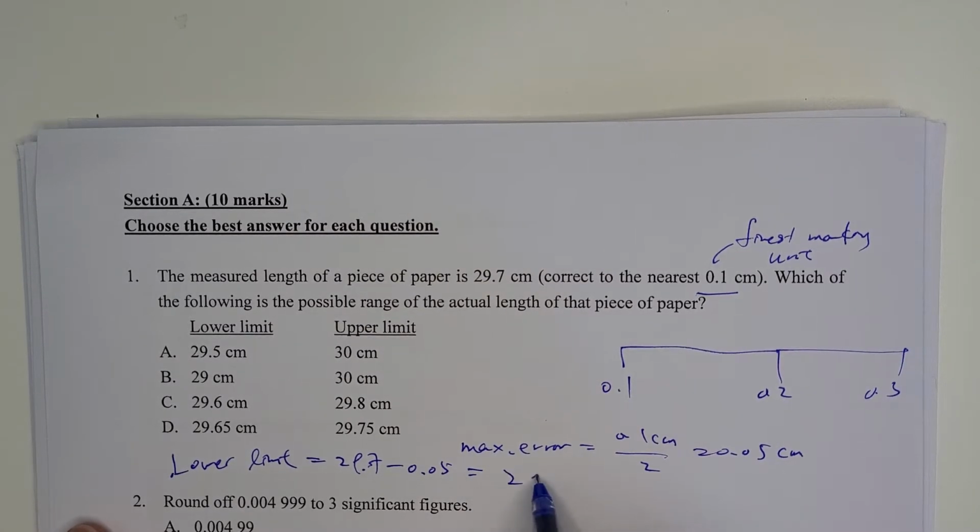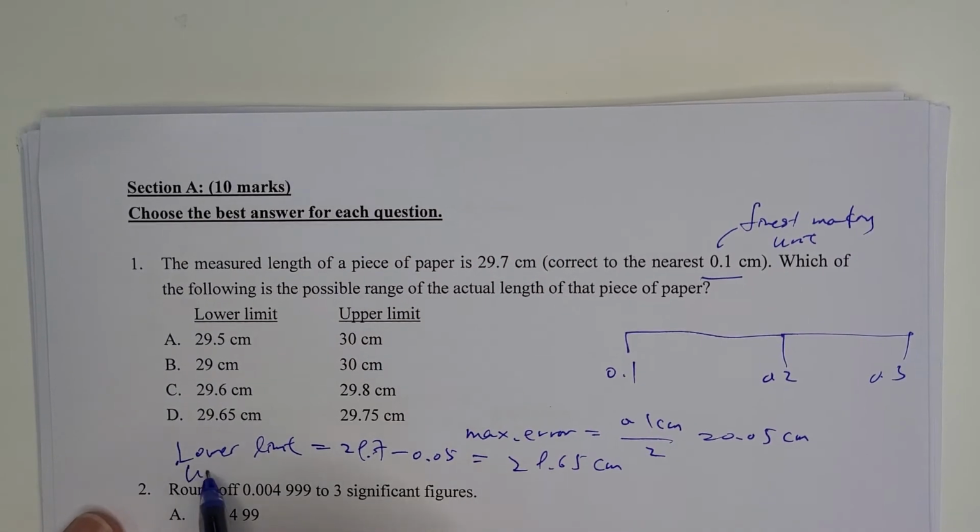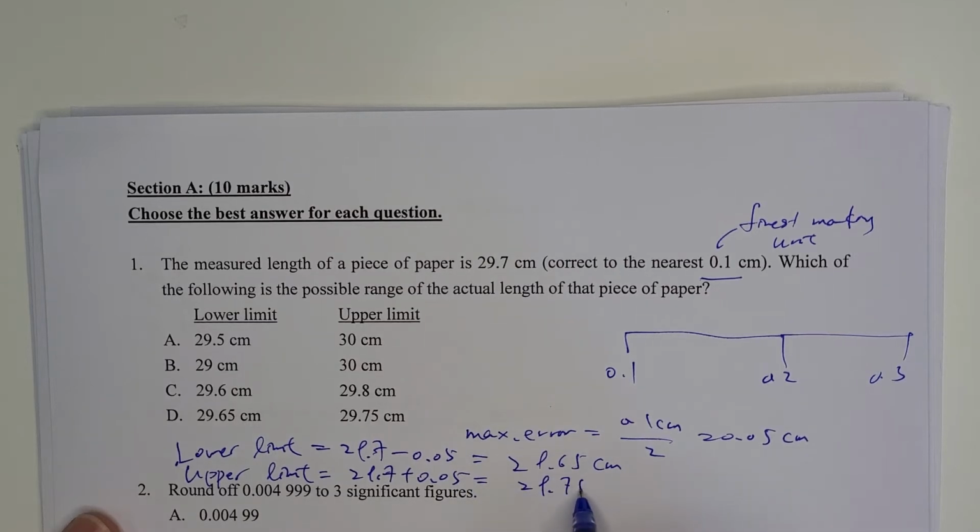Okay, that is 29.65 cm. And the upper limit, that is 29.7 plus the maximum error, that is 29.75 cm.